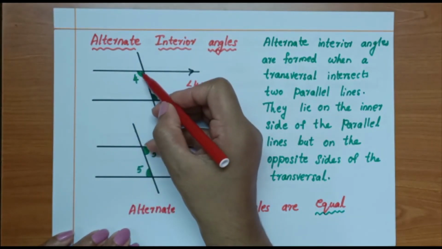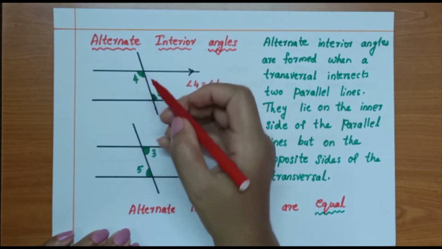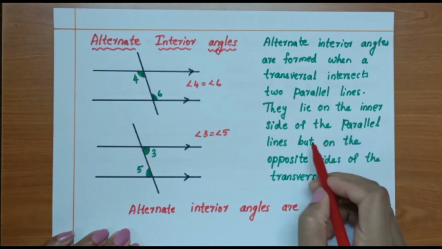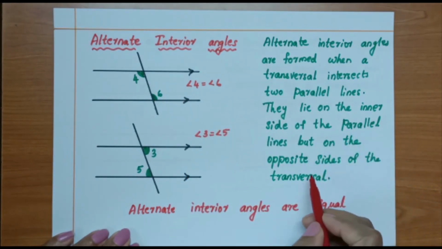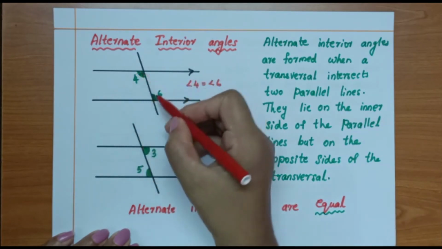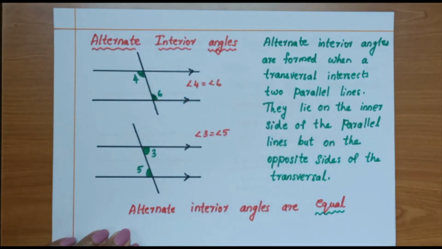See the position: one angle is on one side of the transversal, the other angle is on the other side of the transversal. They lie on the inner side of the parallel lines but on opposite sides of the transversal. So angle 4 equal to angle 6. Angle 4 and angle 6 are alternate interior angles.